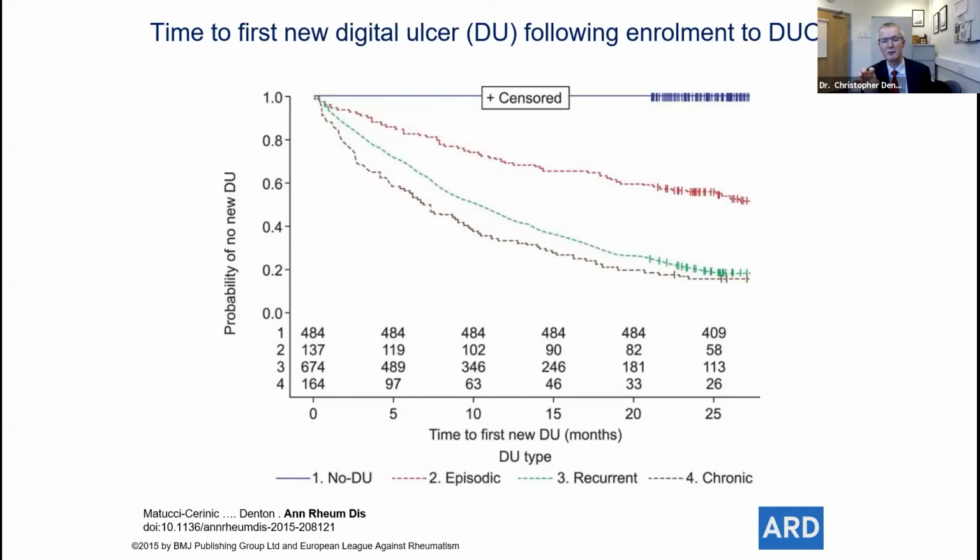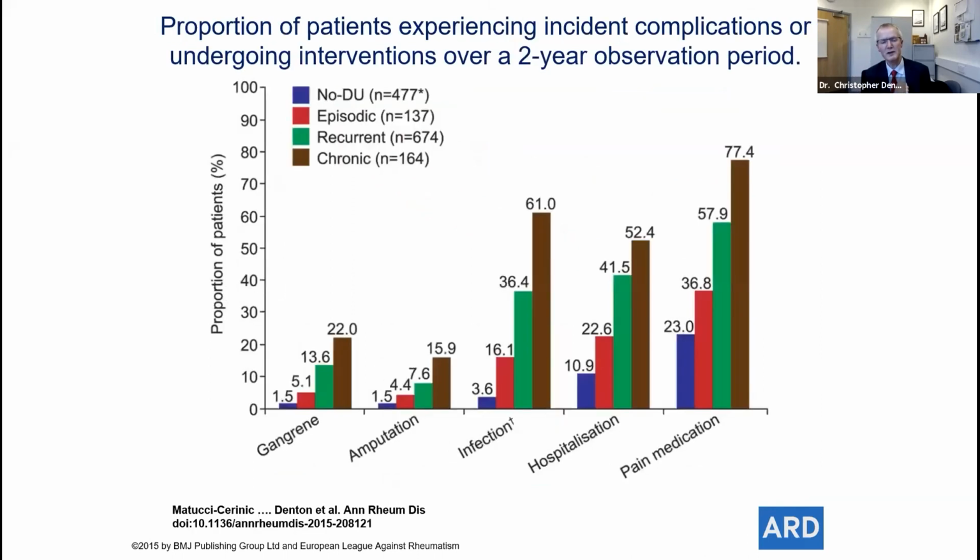And then we had this group of patients that were rarely free of digital ulcers, that we categorized as either having recurrent disease because they never went for more than 3 months without having an ulcer, or they always had a digital ulcer. And what was important was that this grouping of patients really very nicely predicted whether those patients developed those very severe complications of gangrene, amputation, severe infection requiring systemic antibiotics or hospitalization, or they required opiate level analgesia.